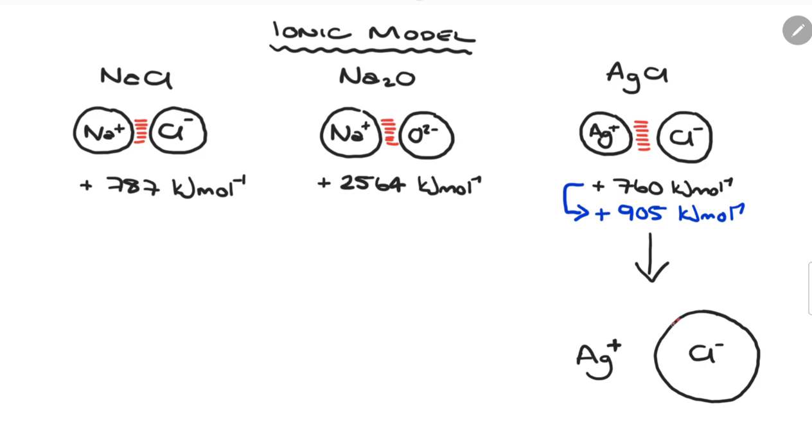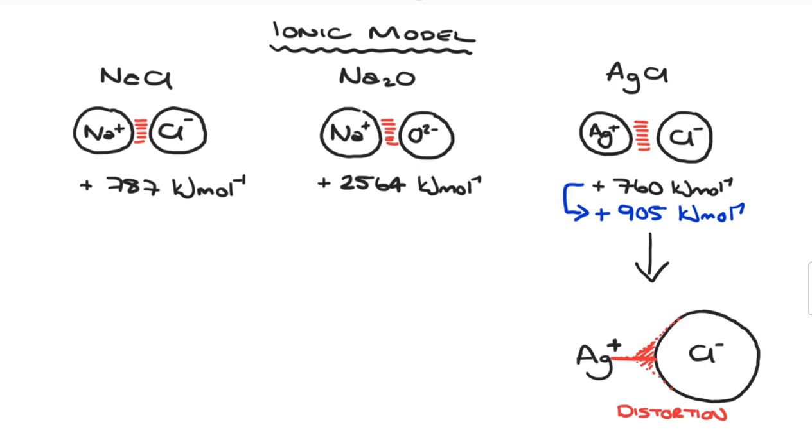What that's going to do is start to pull some of the electron charge into a non-spherical shape. It's going to distort this negative ion. And as we get this distortion, we now have electron charge density forming between two non-metal ions.